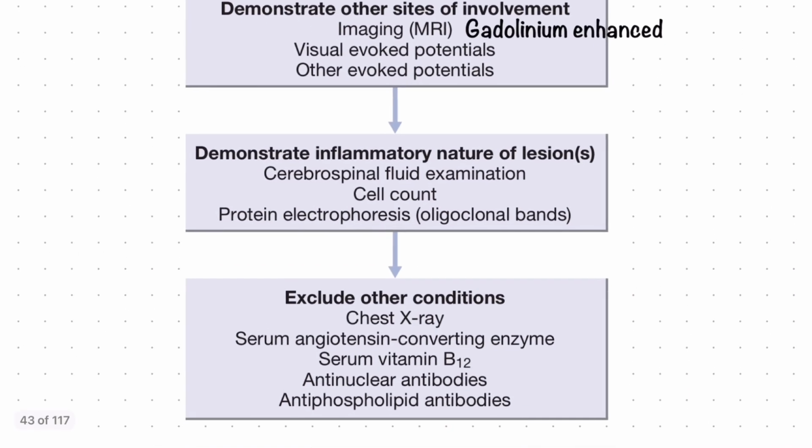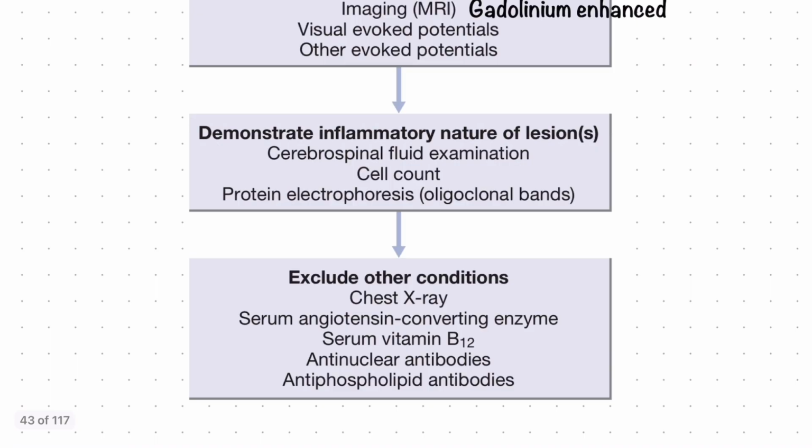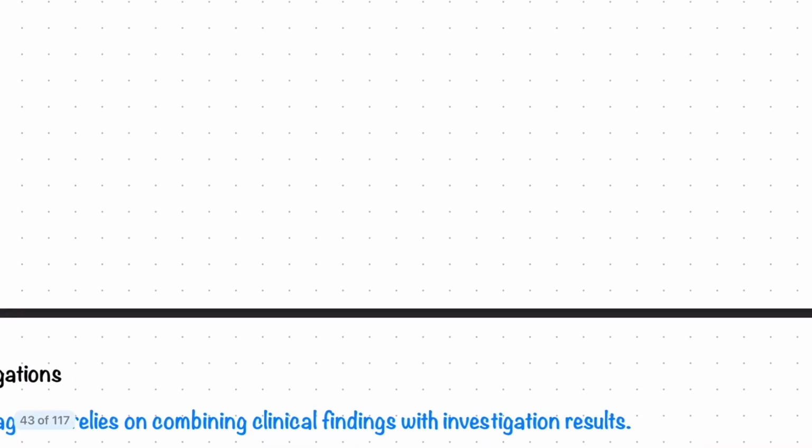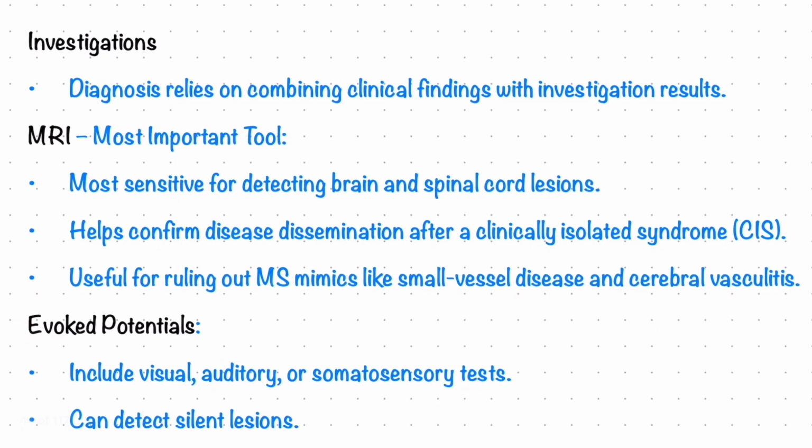Then other conditions should be excluded by chest X-ray, serum angiotensin converting enzymes, serum vitamin B12, the anti-nuclear antibodies, and antiphospholipid antibodies. So let's see more about these investigations in detail.